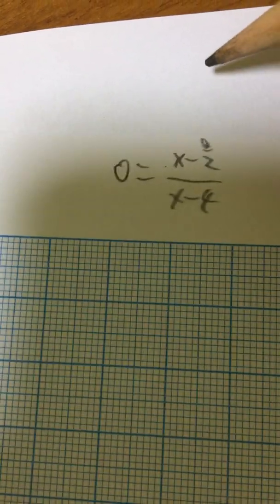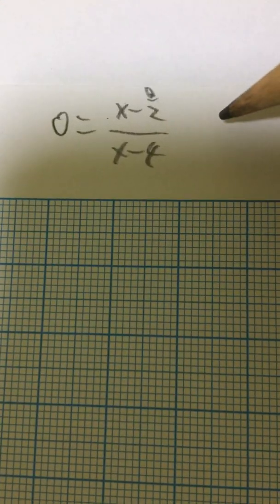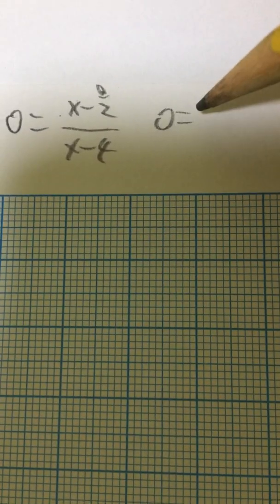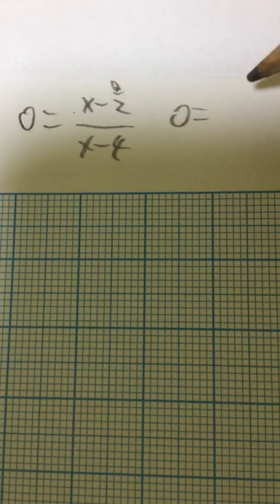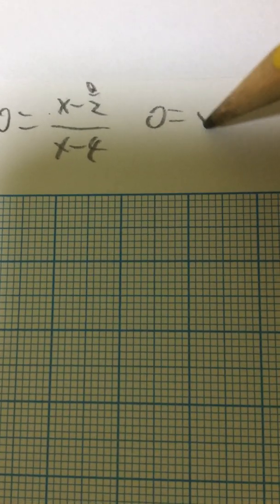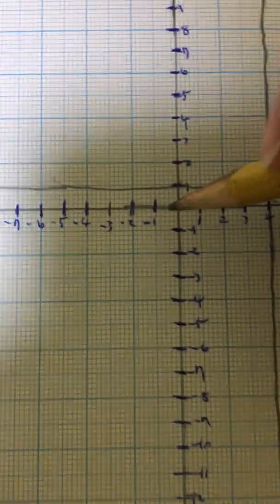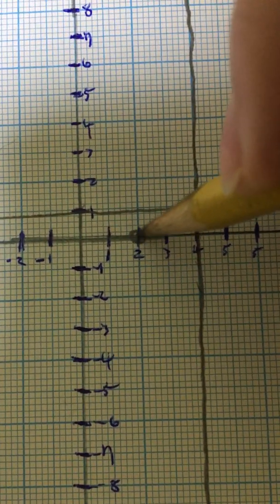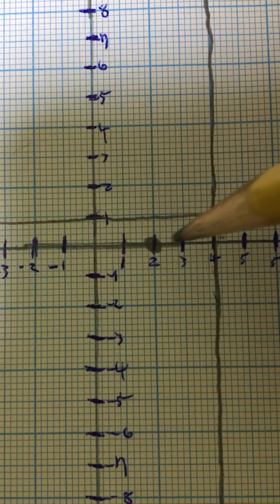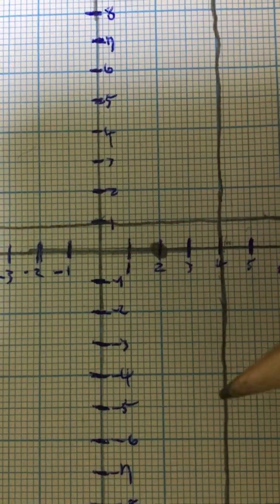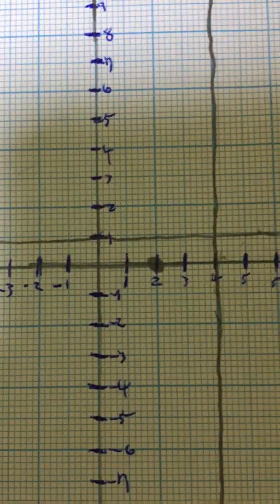Multiplying both sides by x minus 4, the left side is 0, and x minus 2 equals 0, so plus 2, x equals 2. This would be a point where our graph is going to hit.